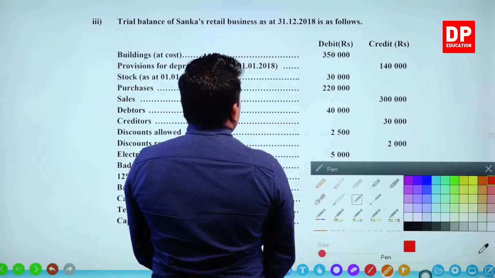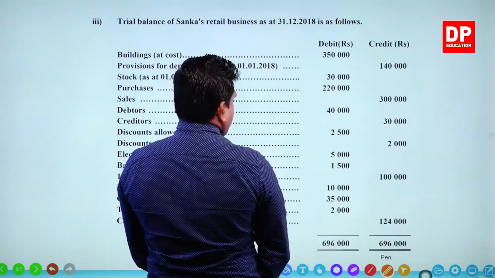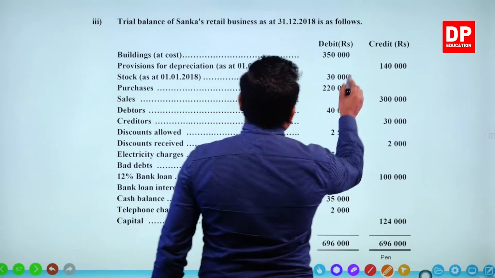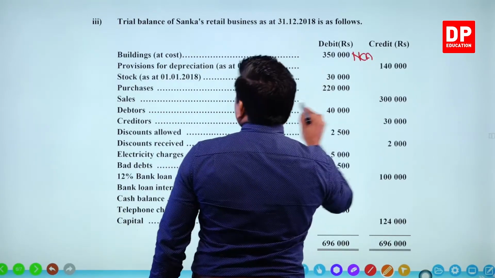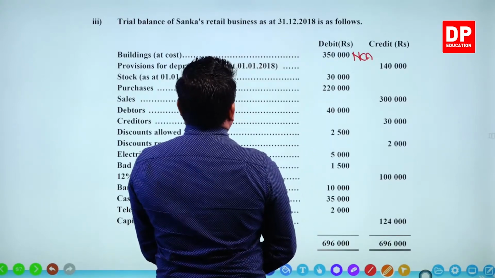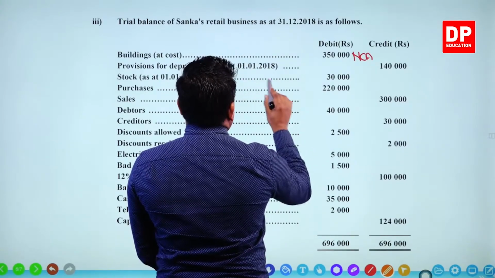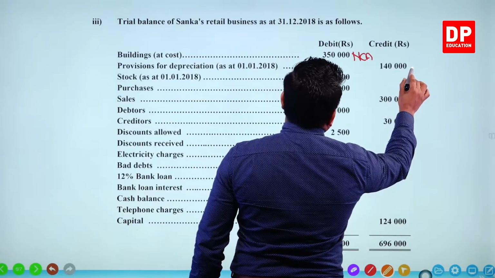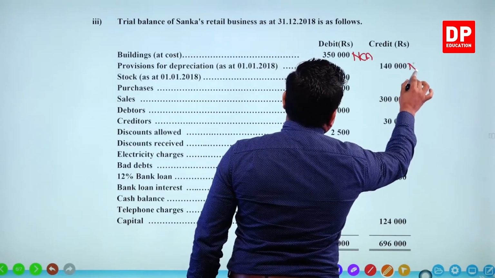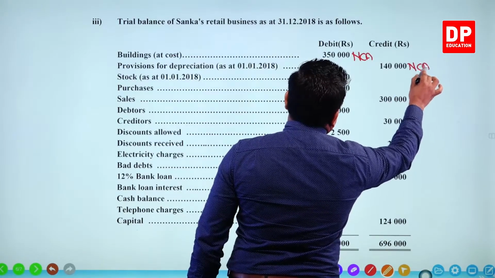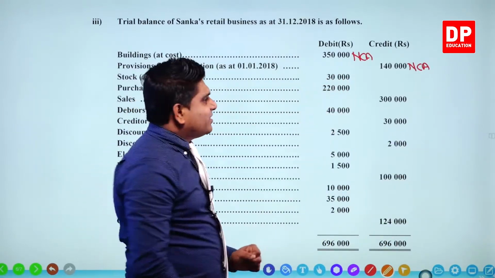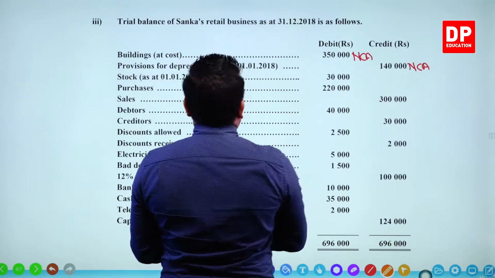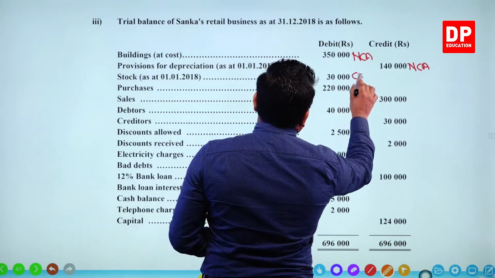See, building, we put under the non-current assets. Provision for depreciation of assets, 1st of January 2018, 140,000. That one also we put under the non-current assets area. I'll teach you how to do this part, right? Then stock, opening stock, cost of sales.